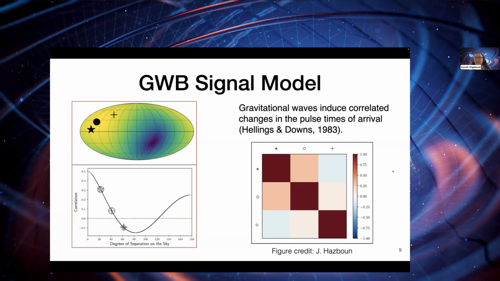But as you increase the number of pulsars, of course, the number of off-diagonal elements is going to grow faster than the number of diagonal elements. The diagonal elements will grow like the number of pulsars, while the number of pairs grows like n squared. So as your pulsar timing array gets bigger, the effect of the correlations becomes more significant, and it grows faster than the pulsars correlated with themselves.